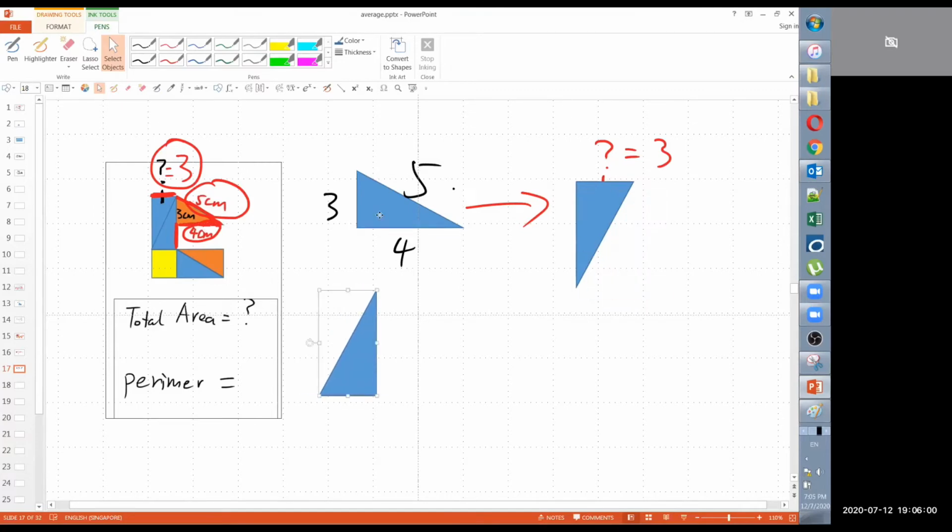And then you are supposed to find what? You are supposed to find this part now, right? Yeah. So what is this one?